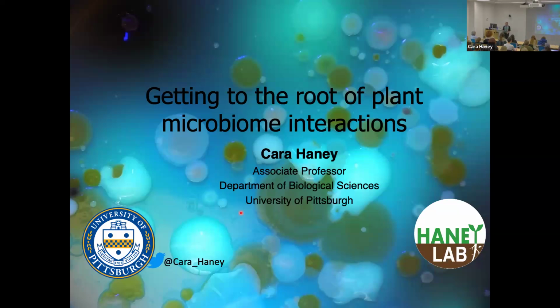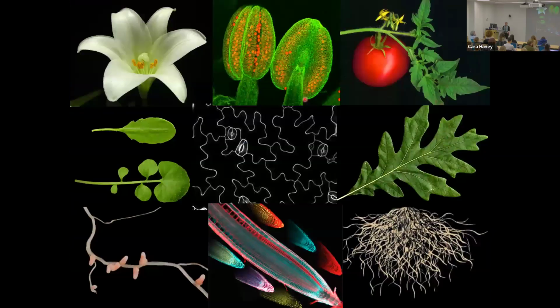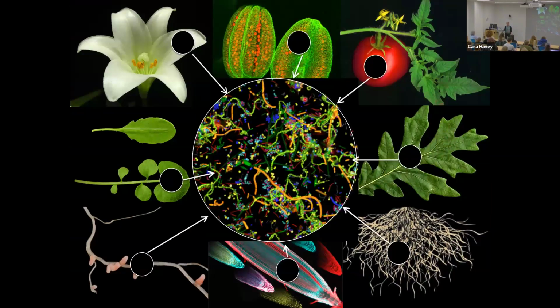So today I'm going to tell you about microbiomes from my favorite perspective, which is alluded to in the title, which is the root. Just to orient all of you, because I know you're from diverse microbiome backgrounds, these are plants. These are what I think about most days, but actually I think more about the communities of microbes that live on the plant surfaces.